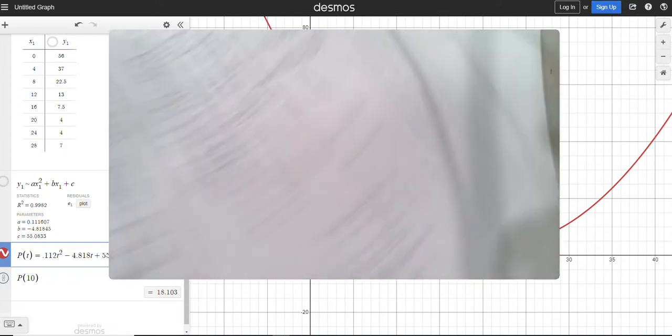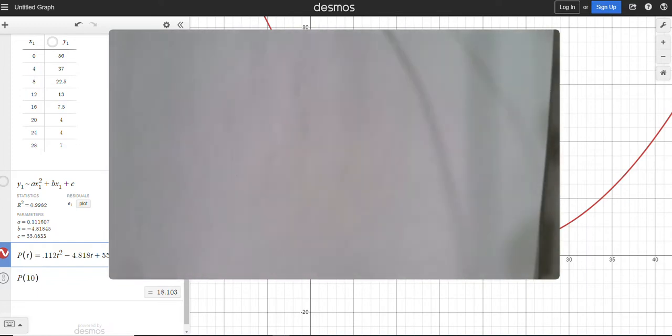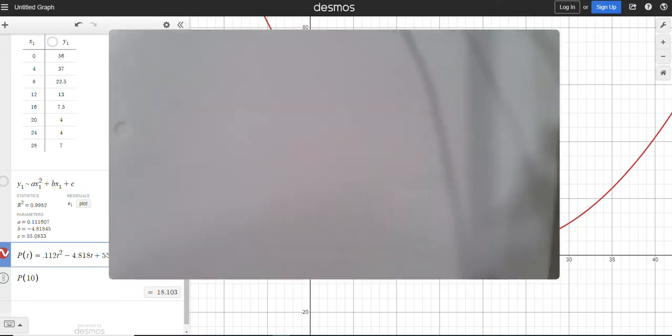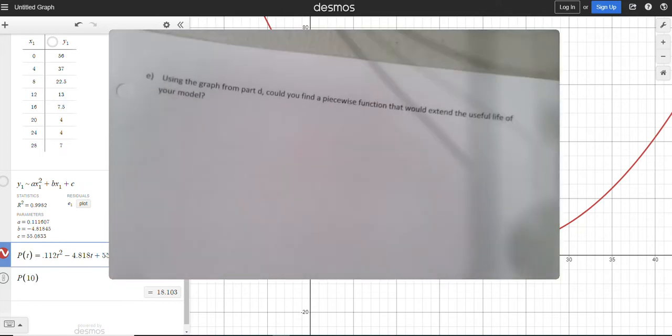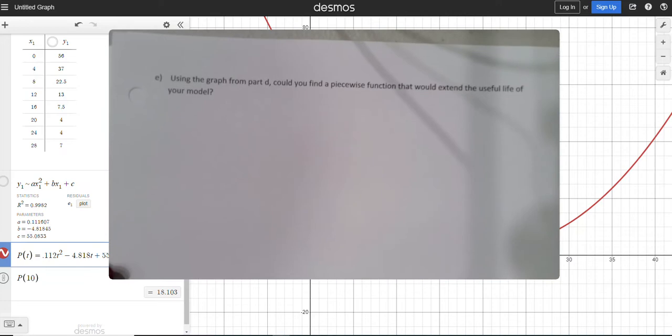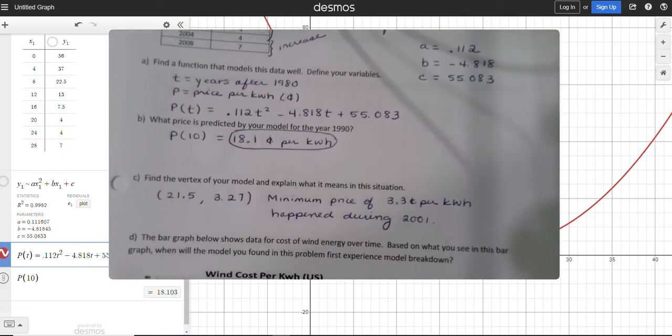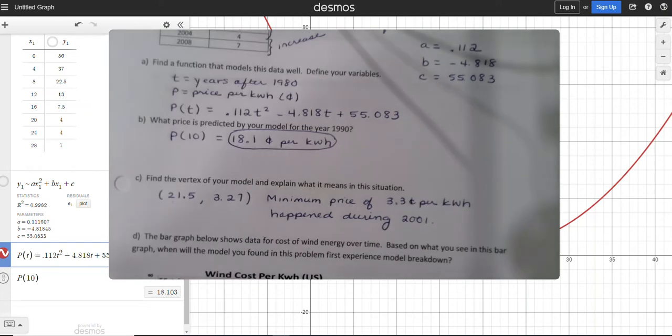All right. The very last question asks us to address that last little piece of the data. It says, using that graph that we just were looking at, could we find a piecewise function that would extend the useful life of our model? Well, if we assume that we're okay through 2009, which is where our graph stopped increasing.